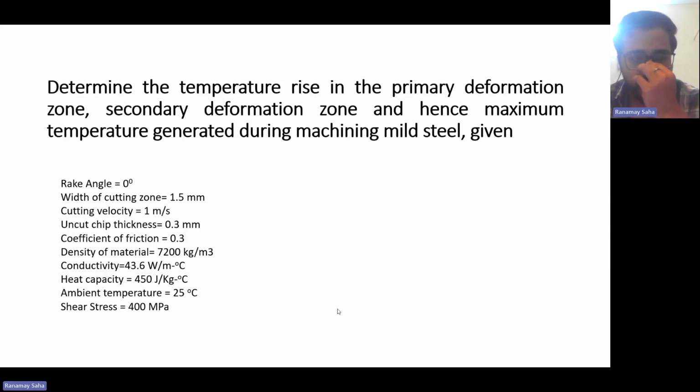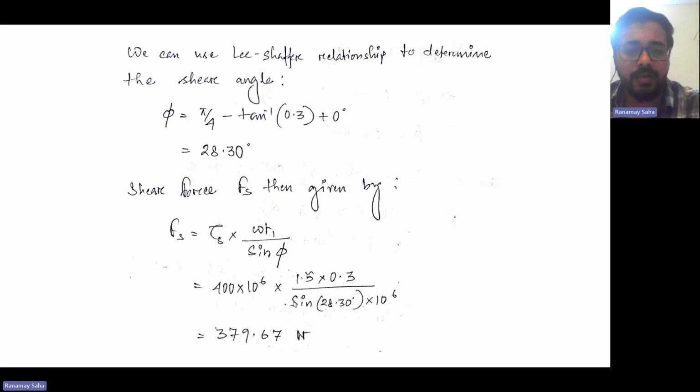as per the given data, the rake angle is 0 degrees, the depth of cut is 1.5 millimeters, the cutting velocity is 1 meter per second, and the chip thickness is 0.3 millimeters. The coefficient of friction, density, heat capacity, ambient temperature, shear stress, everything is provided. So let's start by finding the shear angle first.